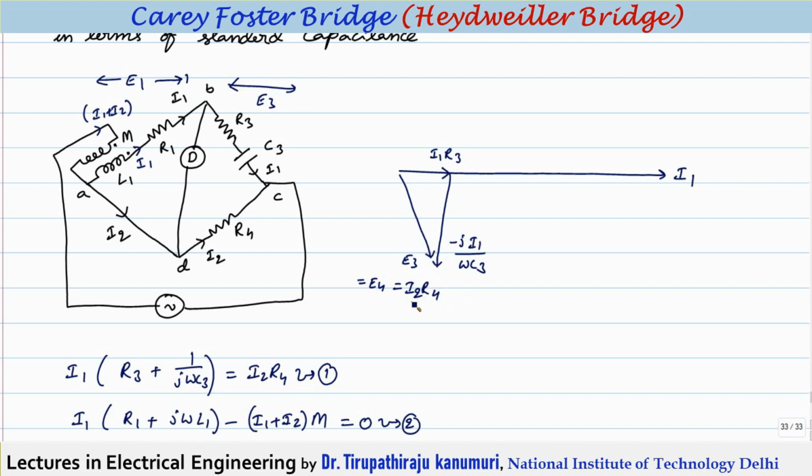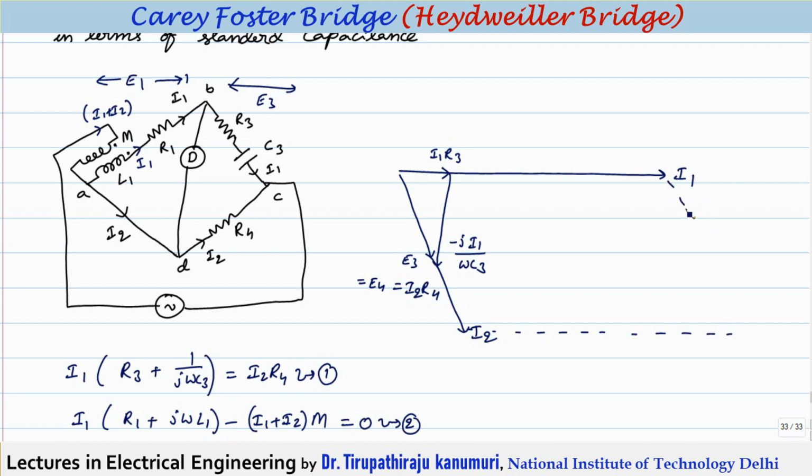What is the meaning of I2 multiplied by R4? We know that the drop across a resistor will be in phase with the current. So the current I2 is lying on the same axis. This is my value of I2. Now the sum of I1 plus I2 gives the resultant value of the current.